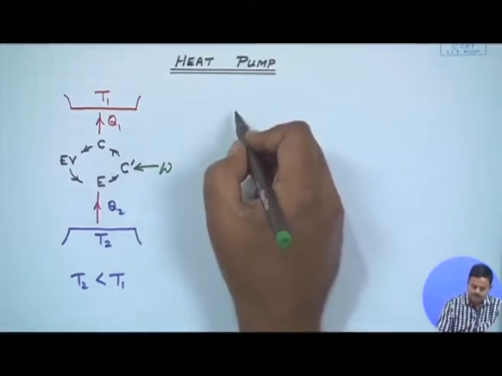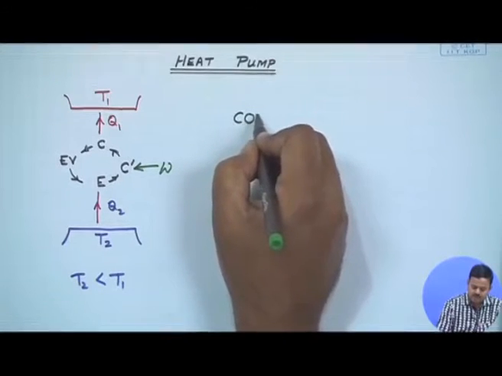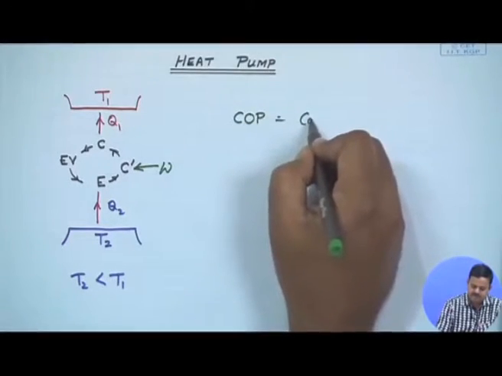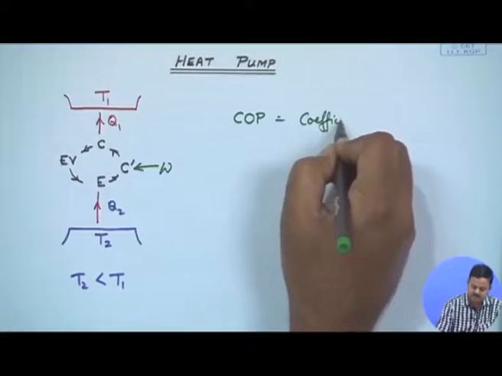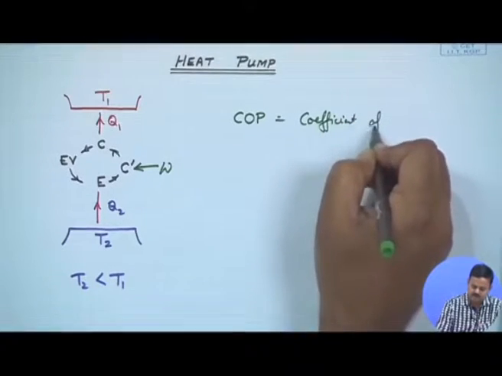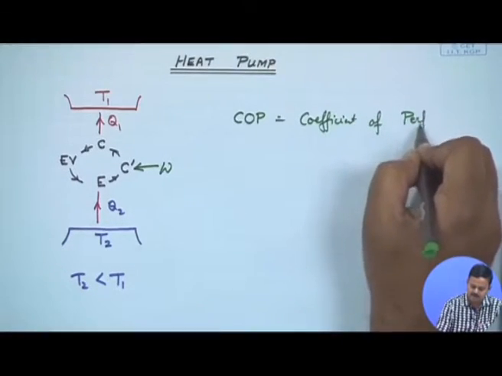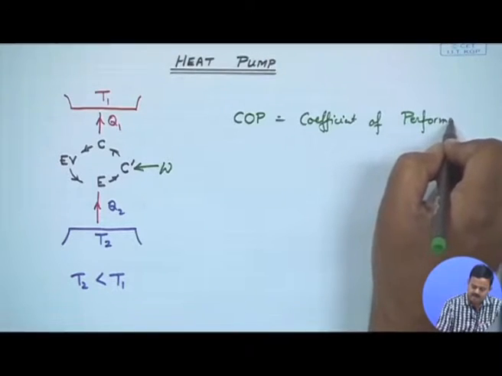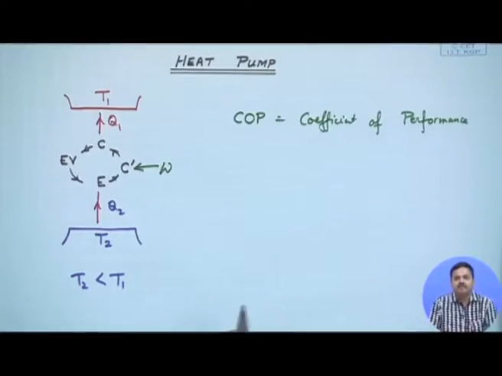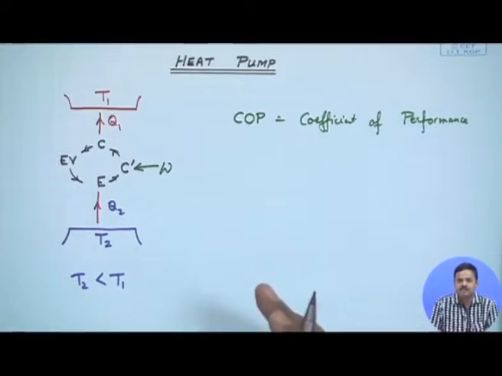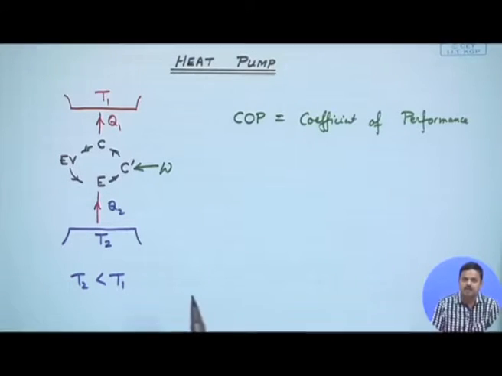So, what is the COP? It is the coefficient of performance. Let us recall that it is defined as the desirable effect to the input that you have to give to the system. So, what is the desirable effect here?